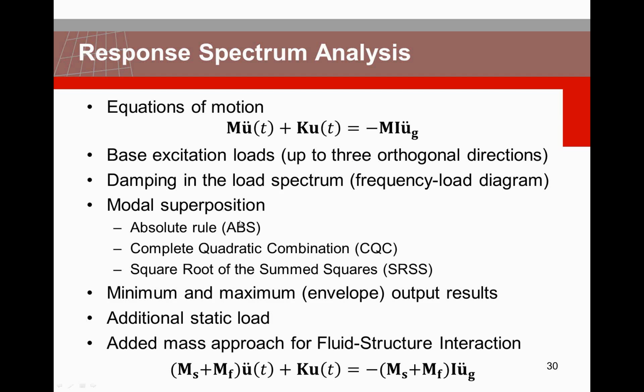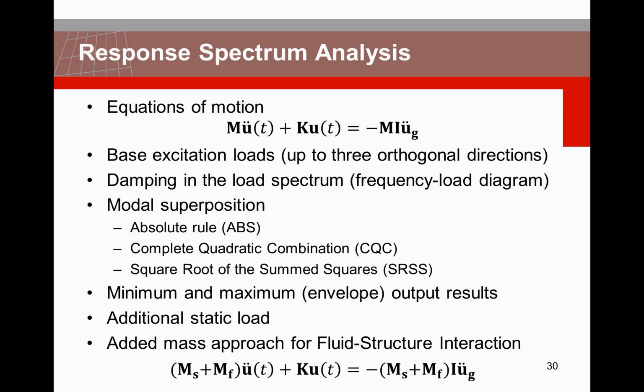Further, what of course needs to be done in the response spectrum analysis is the modal superposition. In DIANA we have three rules which are quite commonly used. First is the absolute rule, which normally overestimates your results, because it means that for each mode the maximum amplitude occurs at the same time.